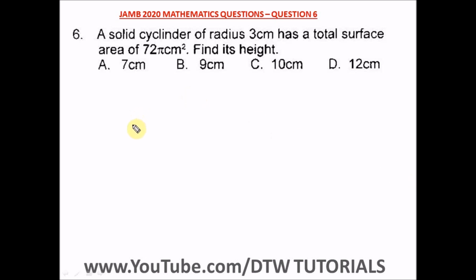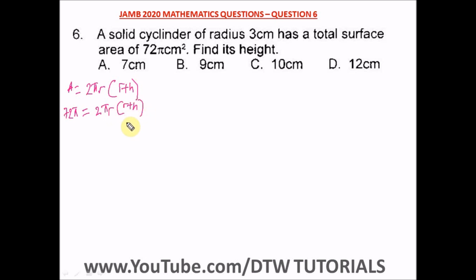So we recall that the formula for the area of a cylinder A is equal to 2 pi r (r plus h), and they told us that the area of the cylinder, which is A, is 72 pi, so it equals 2 pi r (r plus h).